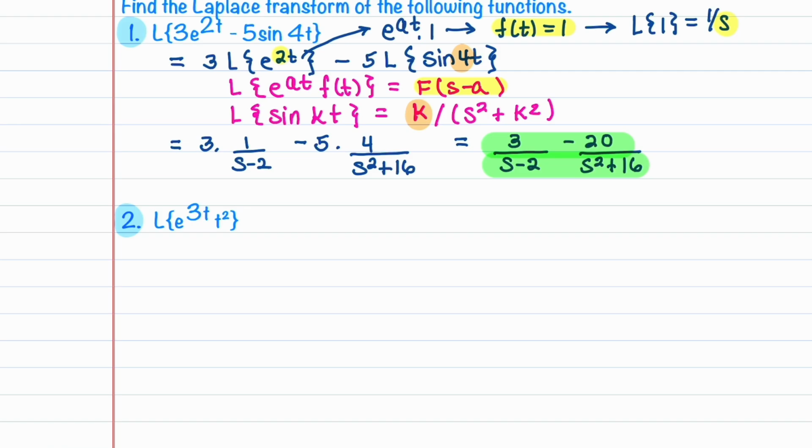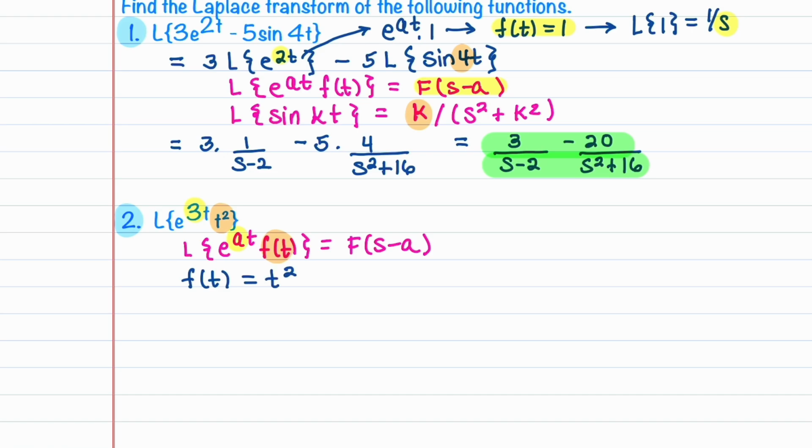We're going to use a formula that we used in our first example, and that formula is the Laplace transform of e to the at times f of t is equal to F of s minus a. Our a is equal to 3, and then our f of t is equal to t squared. So let's write down that f of t is equal to t squared.